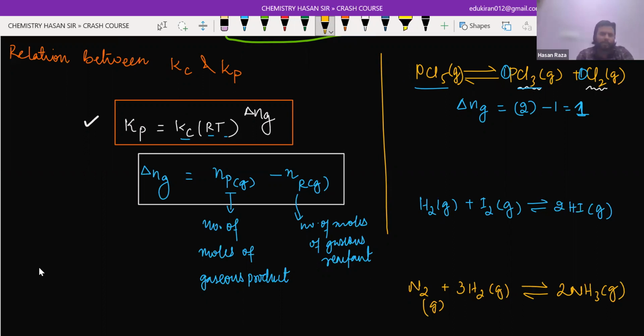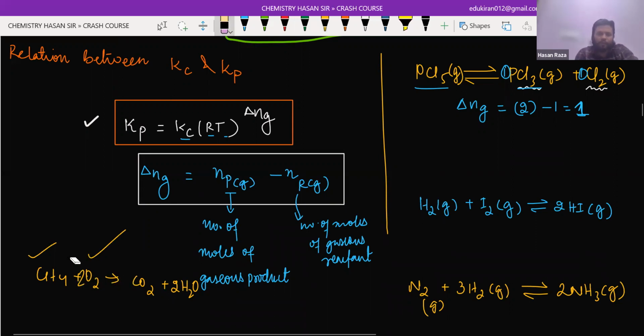Can you tell me how many moles of methane are reacting with how many moles of O2? 1 mole of methane with 2 moles of oxygen. So isn't it easy?